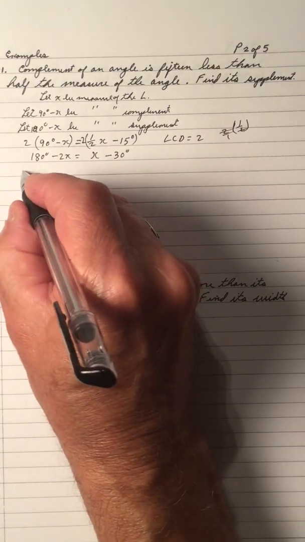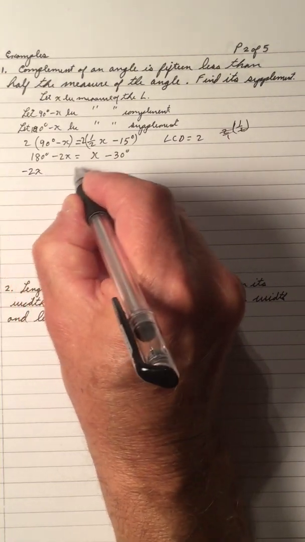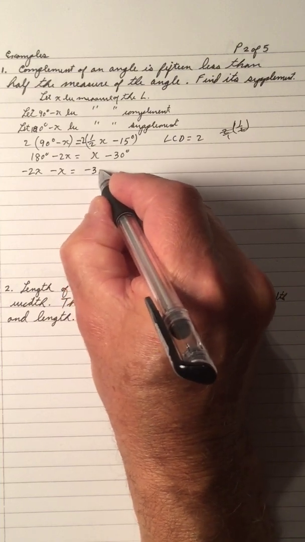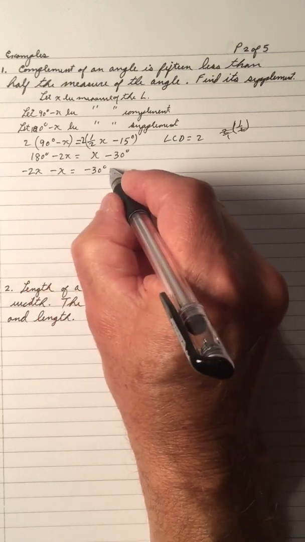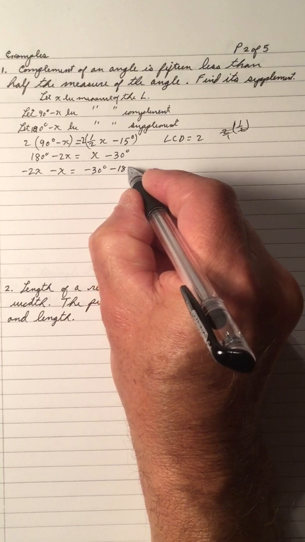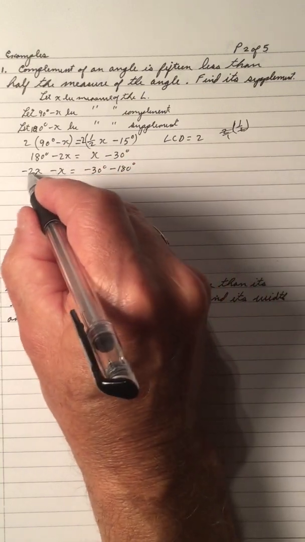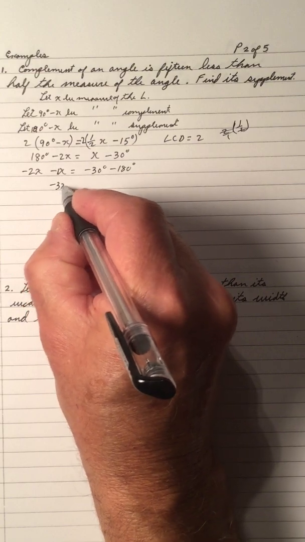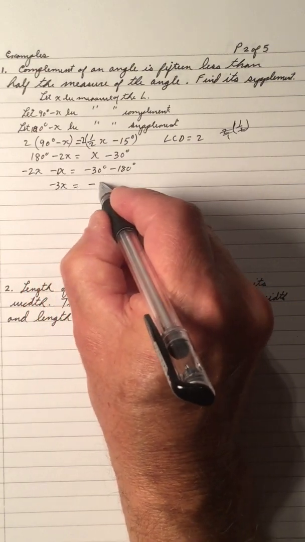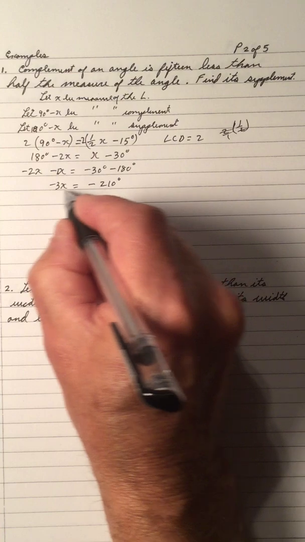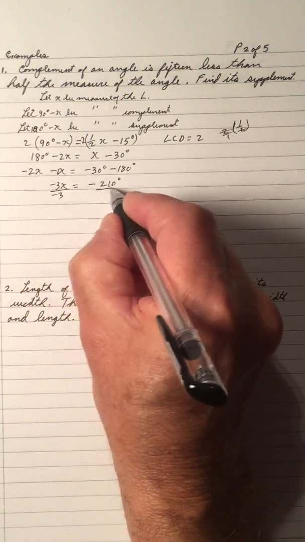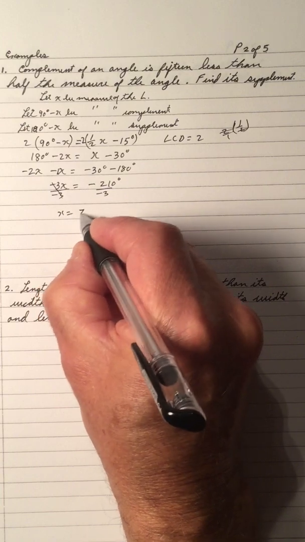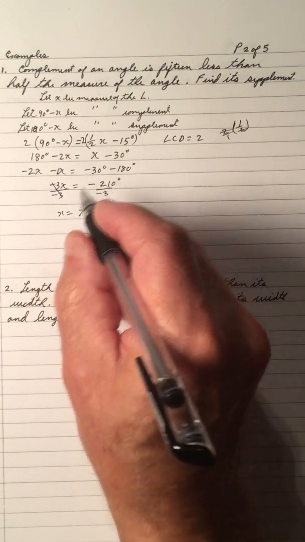The variables move to the left side. So x becomes negative x, negative 30, and the 180 moves to the right side to become negative 180. Negative 2, negative 1, that's a negative 1 understood, that's a negative 3x equals negative 210. Divide each side by negative 3, they cancel, x equals 70 degrees.